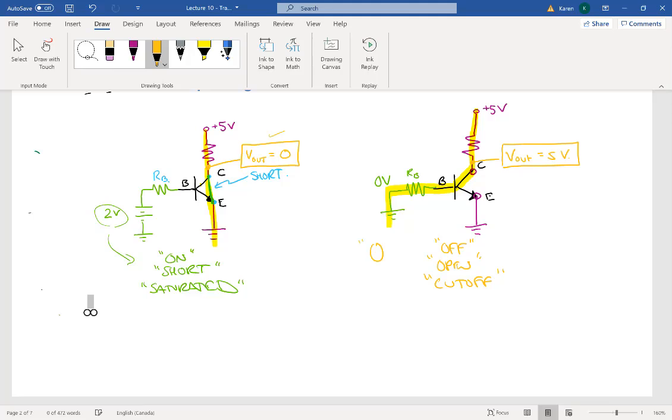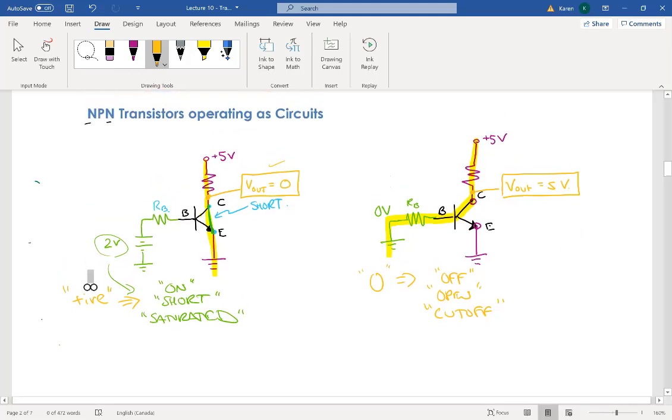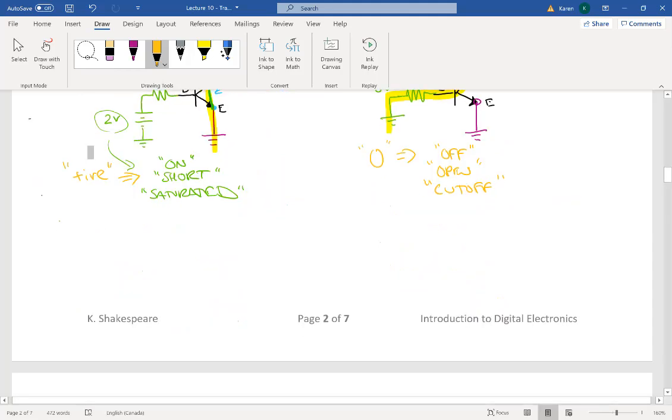Here we fed it a 0, and here we fed it a positive. And that's a simple way of describing transistors. And I hope to show you more illustrations of some different circuits full of transistors in class.